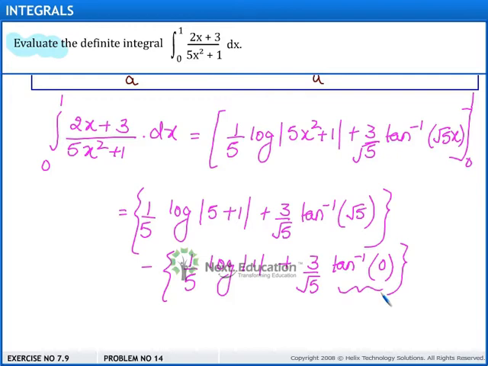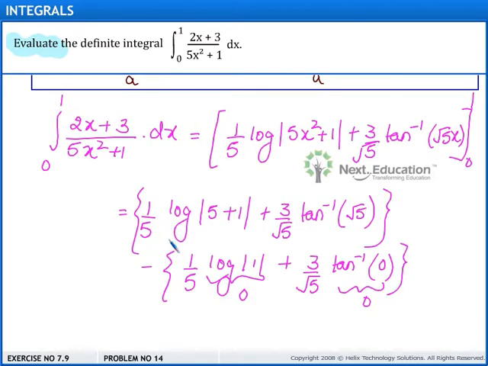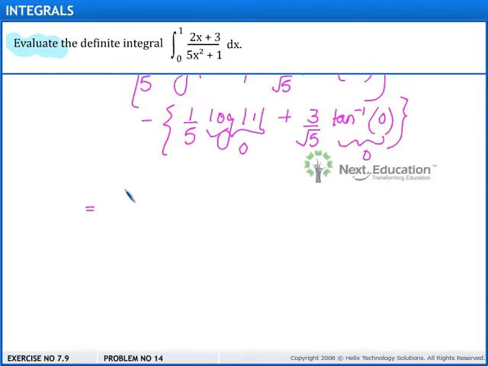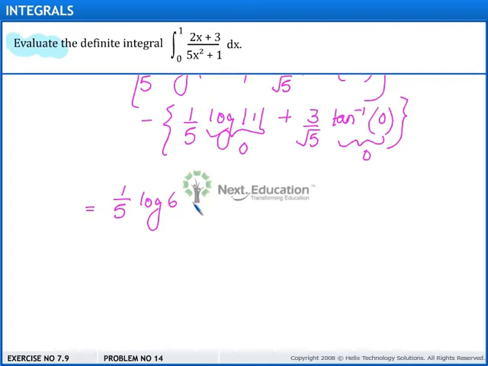Now tan inverse of 0 is 0 and log 1 is also 0. So this is further equal to 1 upon 5 log 6 plus 3 upon root 5 tan inverse of root 5.